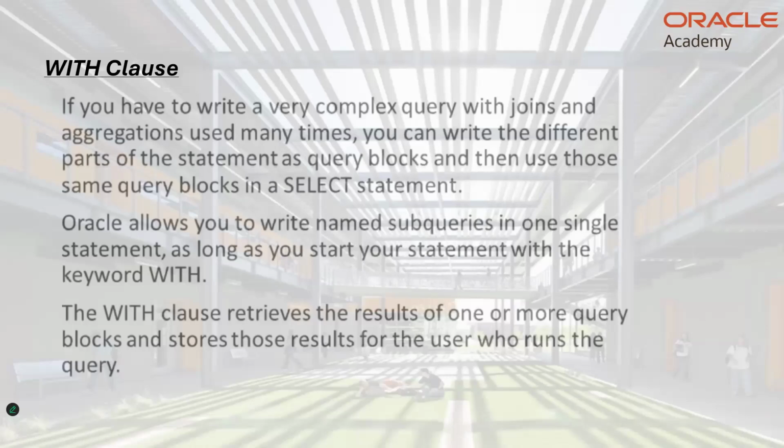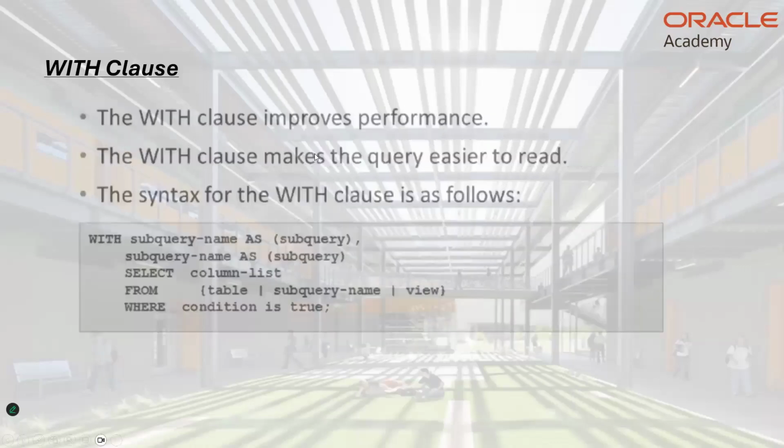The WITH clause retrieves the results of one or more query blocks and stores the results for the user who runs the query. So basically, it's like creating a routine in some manner of speaking. It improves performance and is easy to read, and you don't have to rewrite the queries over and over.